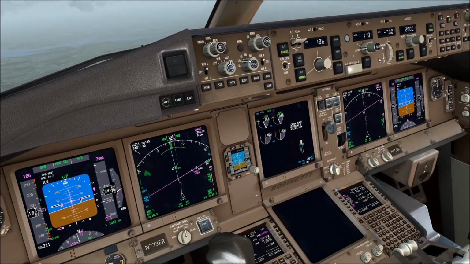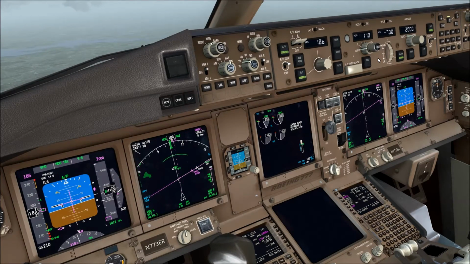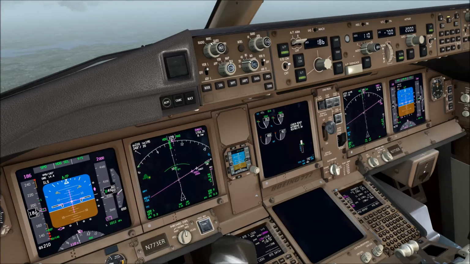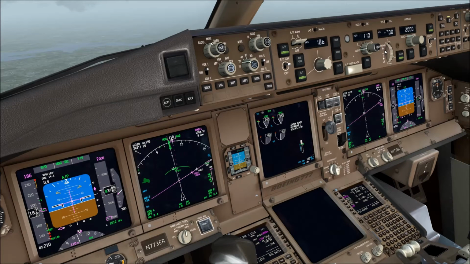Cat 2 approaches will be flown as Autoland as well. So don't worry, I will write a summary of all the types of approaches and the various minima and RVR requirements. Today I'm interested in a Cat 3 Bravo approach with no decision height and RVR of 75 meters.